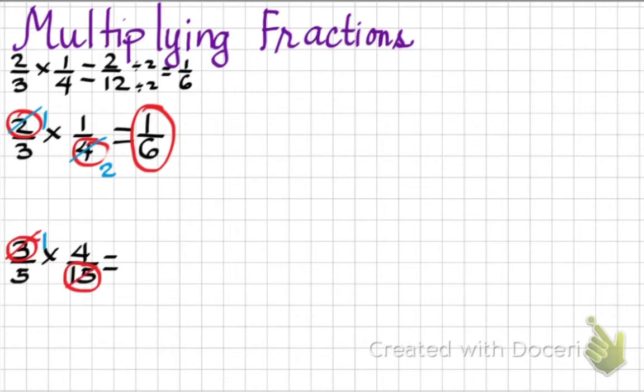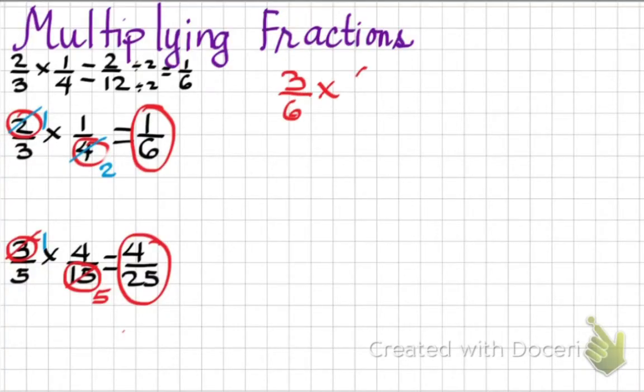So both numbers are divisible by 3. So I'll just cancel here. 3 divided by 3 equals 1, and 15 divided by 3 equals 5. So now we can multiply across. So 1 times 4 equals 4, and 5 times 5 equals 25.